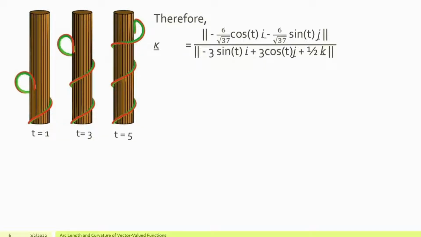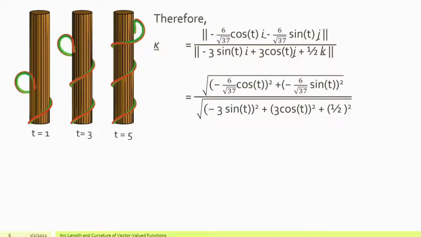Kappa is equal to the magnitude of tangent prime of t over the magnitude of r prime, and equals the square root of (negative 6 over square root of 37 cosine t) to the power of 2 plus (negative 6 over square root of 37 sin t) to the power of 2, divided by the square root of (negative 3 sin t) to the power of 2 plus (3 cosine t) to the power of 2 plus (1 over 2) to the power of 2.